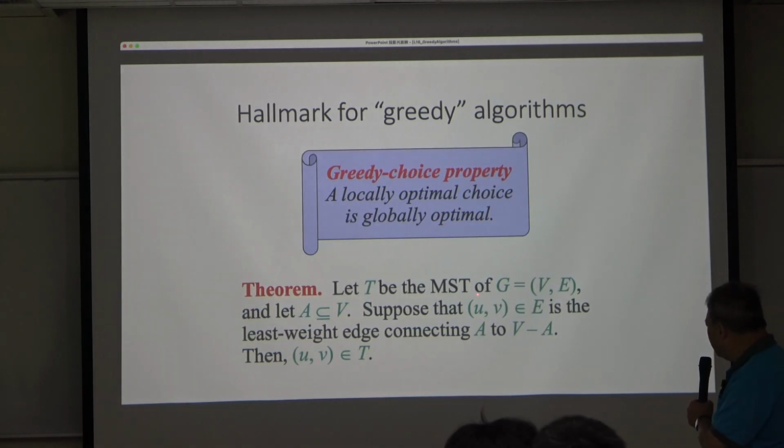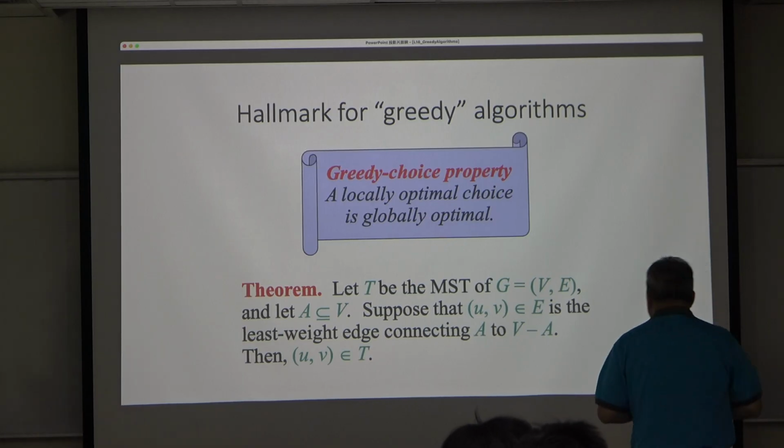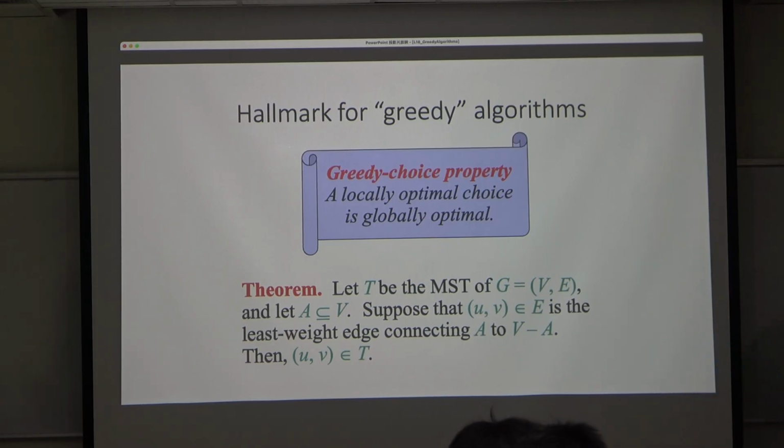Let T be an MST of G(V, E), and let A be a subset of the vertices V. Suppose that (u, v) is the least weight edge connecting A to V minus A, then this edge must be in this tree, I mean, in the MST. It's like this.